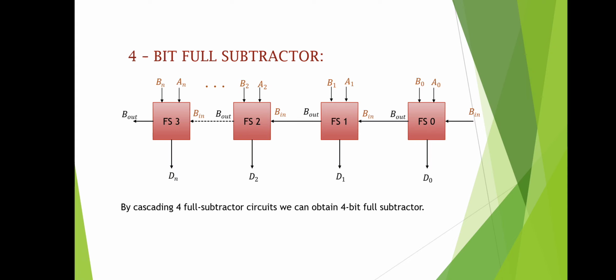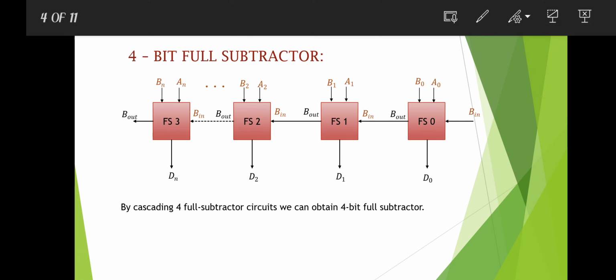So let's say two numbers are 1 1 1 0 and 0 1 0 1.